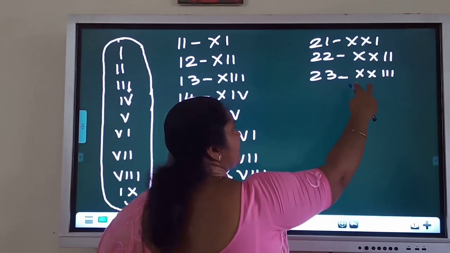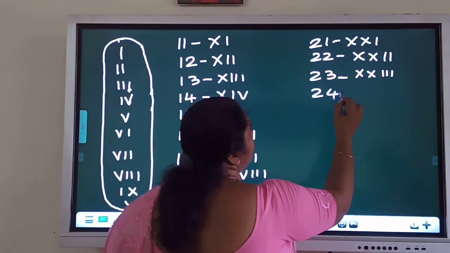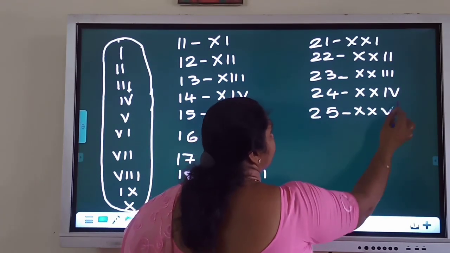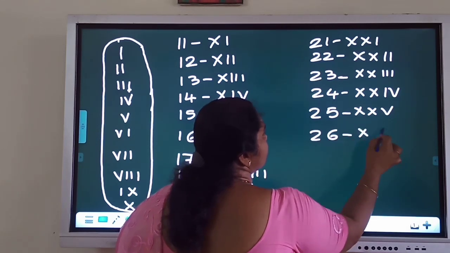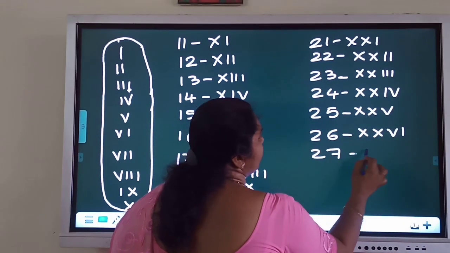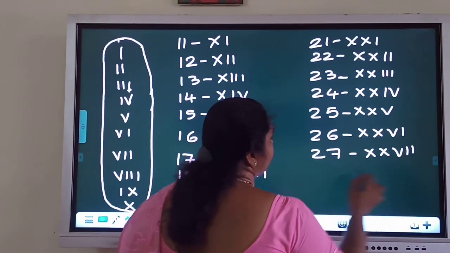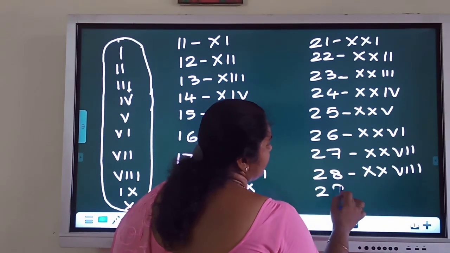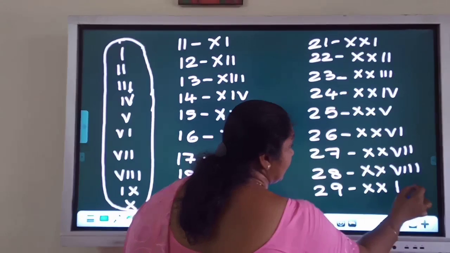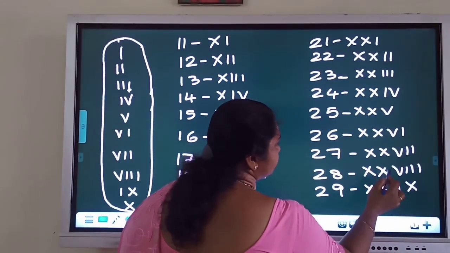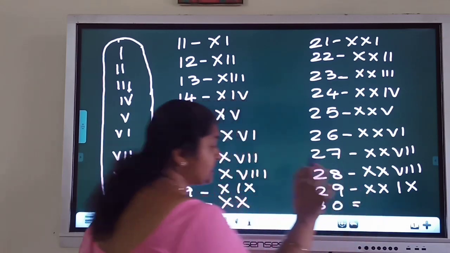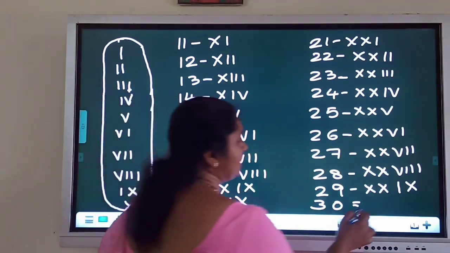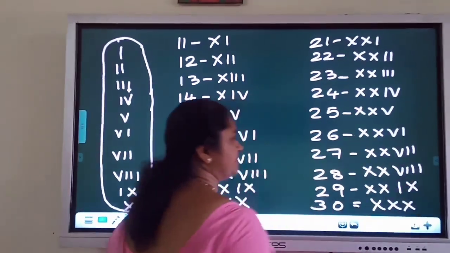Here XX likewise it comes. 24 XXIV. 25 XXV. 26 XXVI. 27 XXVII. 28 XXVIII. 29 XXIX. 9 is this one, okay? And 30, that same way how we have done here. 20 is having 2 X's and here we have to write X. Clear children?